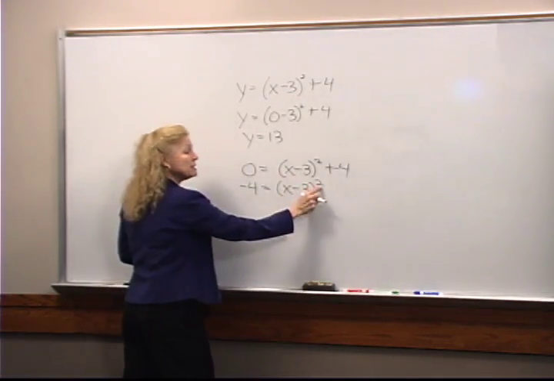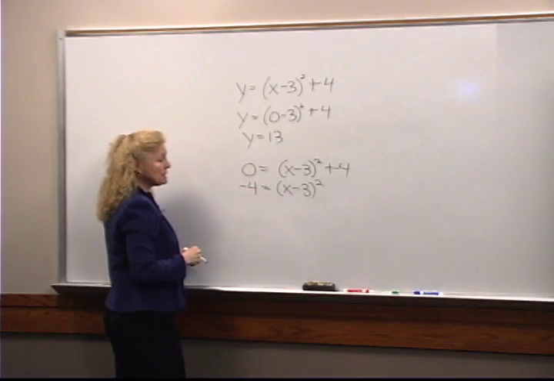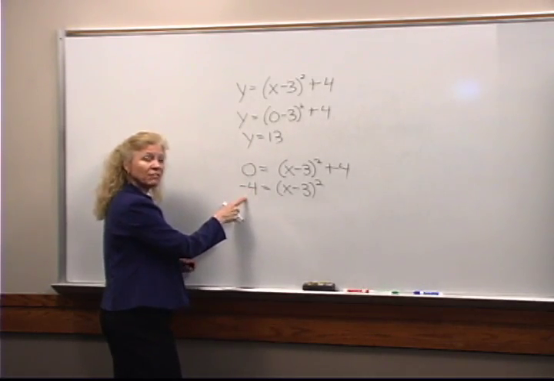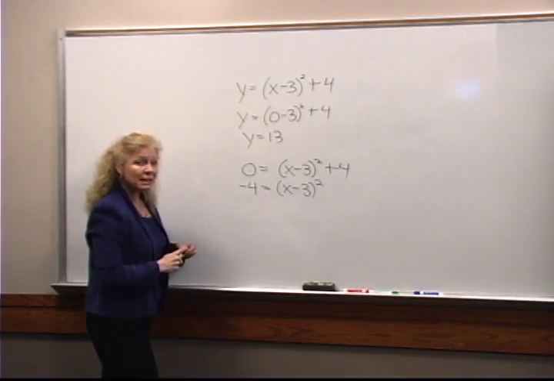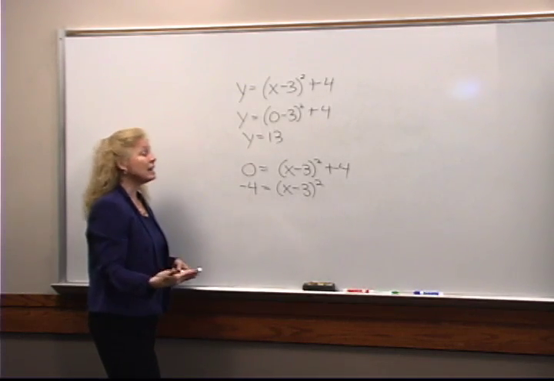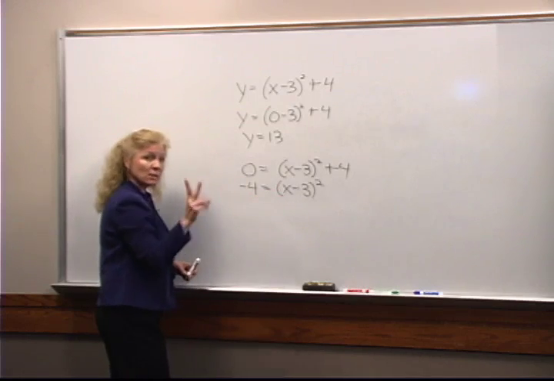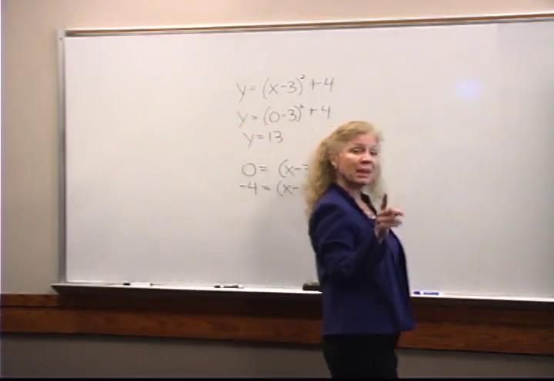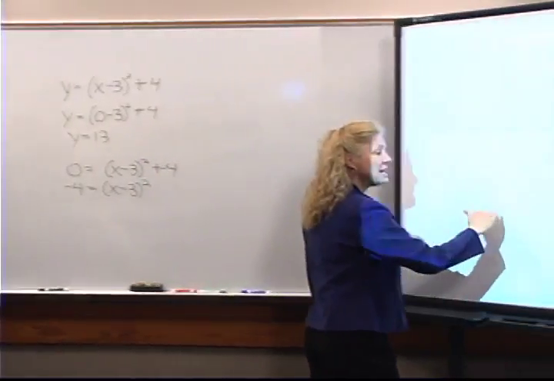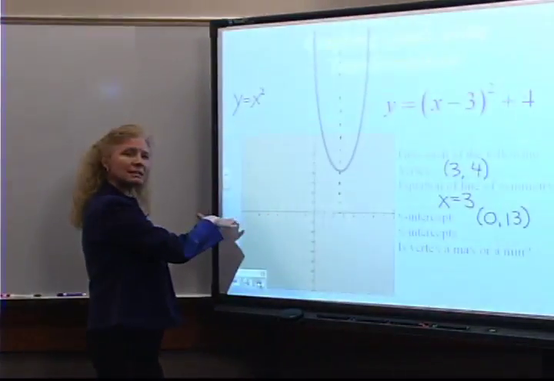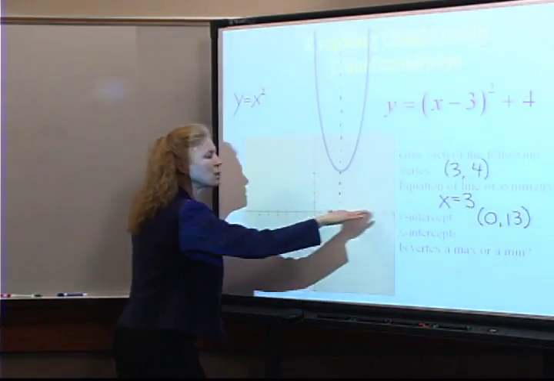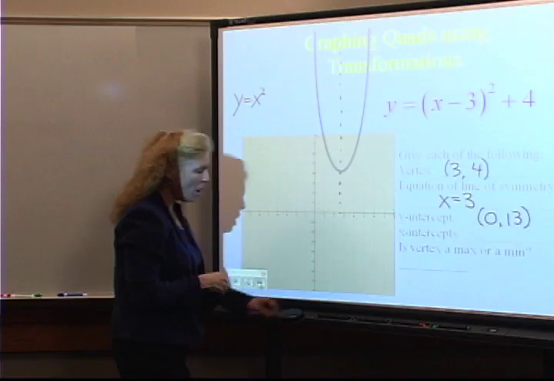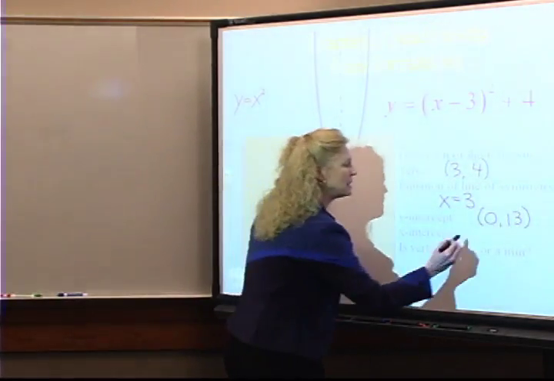And then to remove this square, I need to square root both sides. And right there, I'd end up with the square root of negative 4. Now, there's nothing inherently wrong with that. I could find solutions. There are 2 solutions, but they don't happen to be real numbers. And remember, when Mr. Descartes set up this nice little graphing system, these are the real numbers. So in fact, we never cross the x-axis.